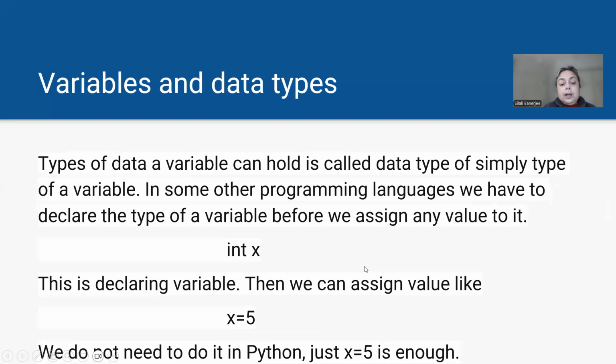In some programming languages, you first have to declare the variable, like int x. This means that x can take only integer values, and you can assign any value only after you declare the type of the variable, or in short, declare the variable. But in Python, you don't have to do that. Just saying x equals 5 is enough, and Python will figure out what data type it is.